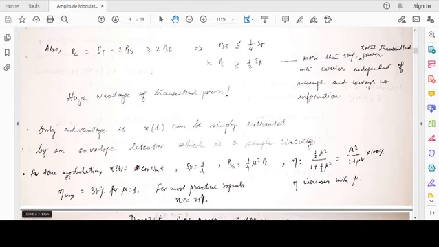Note this is not for an arbitrary signal, but for a tone modulation. Tone modulation means the message is cosine omega t, a single frequency, where the message signal consists of a single message frequency omega m. So what can we observe from here? We can observe that if you increase mu, the efficiency will increase.